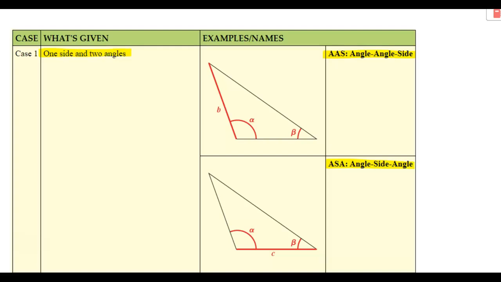Those are very similar because they both have two A's and an S. The only difference is the location of the S in reference to the A's. In angle, angle, side, the S is on the outside, outside of the two angles. Similarly, but a little different, angle, side, angle, that side that we know is sitting nicely in between the two arcs. That's why the S is located in between the two A's.